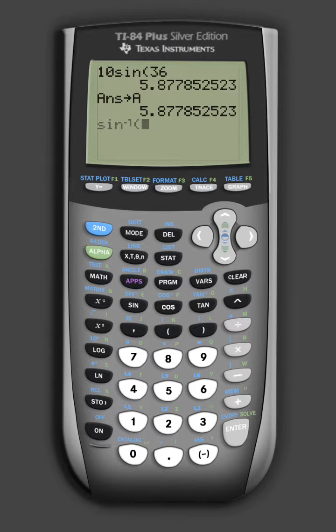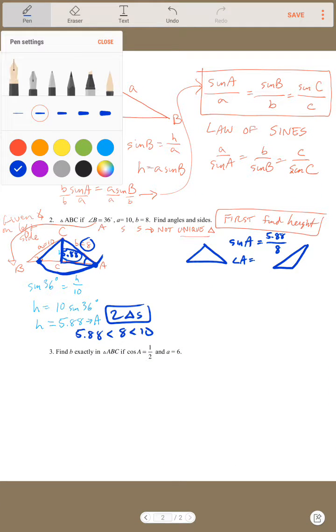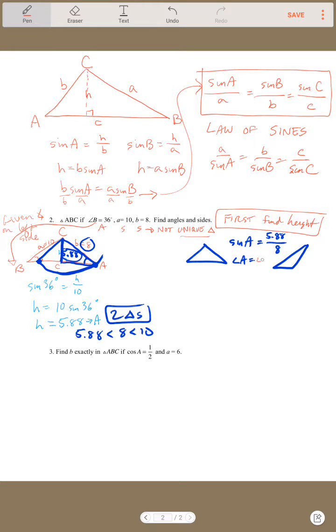So we do arc sine of, I can just use my answer, so alpha A from before, and that's my 5.88, and then I'm going to divide that by 8, and then I'm going to get 47.28 degrees. My calculator is already in degree mode, so I got 47.28 degrees. So that tells me, let me write this in a thinner ink, that angle A is then 47.28 degrees.